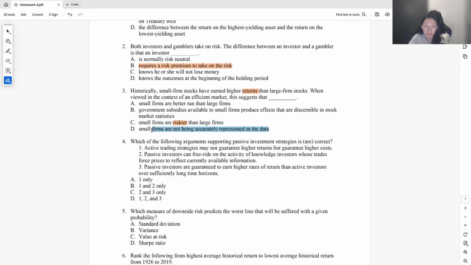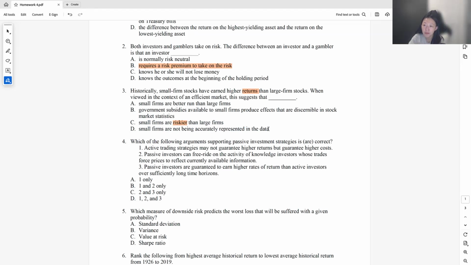And for D, based on my knowledge, or if you read the book, you know that this effect that smaller firms earn higher return has lasted for more than 100 years. So it's not subject to any data issue. It's not a small sample.